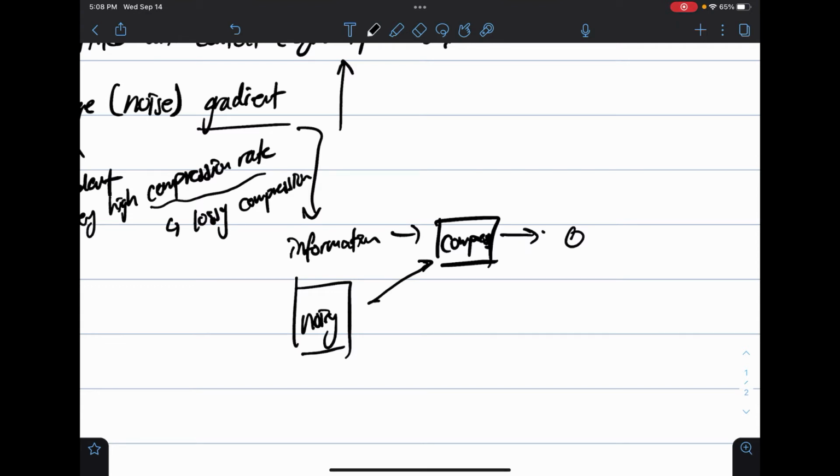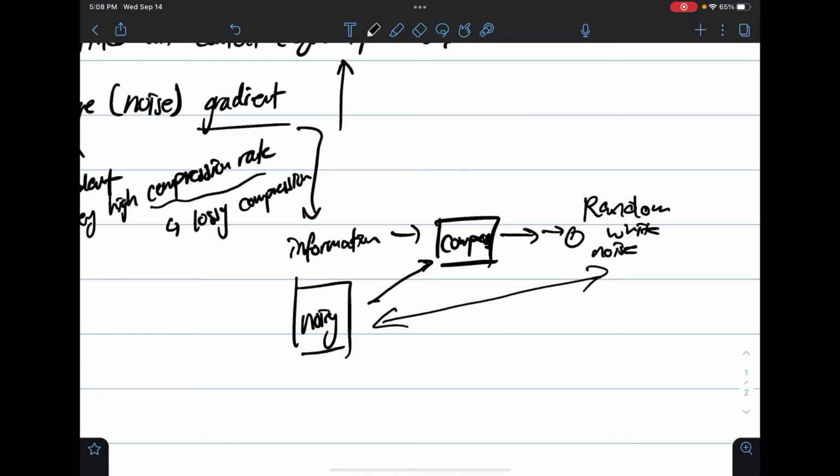Even if I generate random white noise, like what you see on a TV screen when it's completely fuzzy, the compressed output is going to be very similar to the noisy data that was fed in. So the lossy compression algorithm is going to produce complete zero. It's going to compress the information so much that there is absolutely no important information content at all.